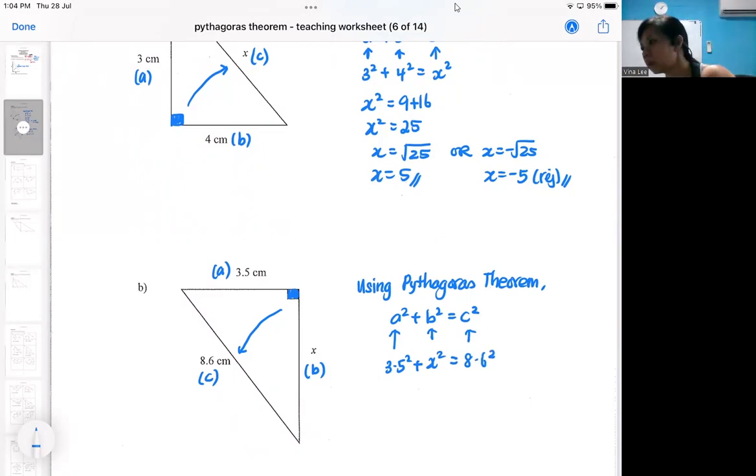There's quite a number of ways of doing it. You might want to punch the calculator first, then move over the numbers.